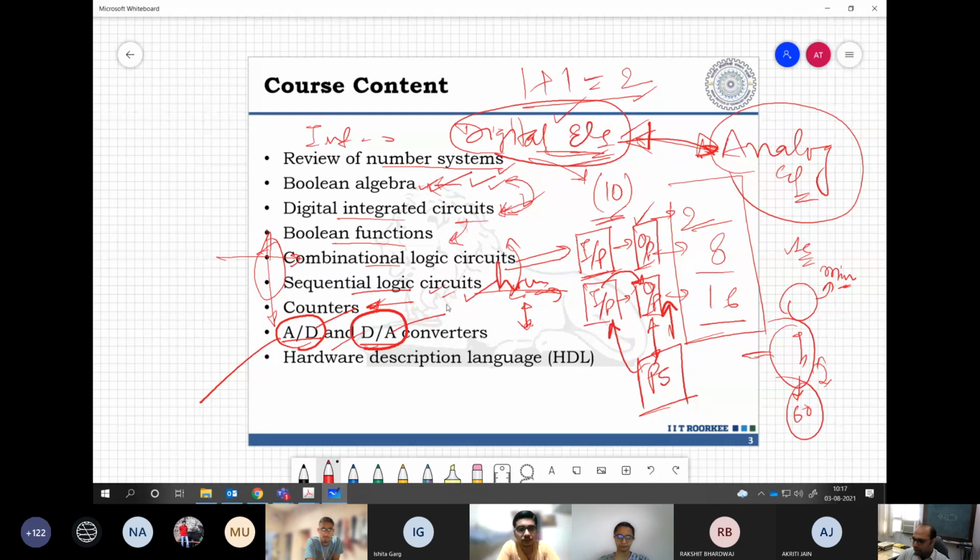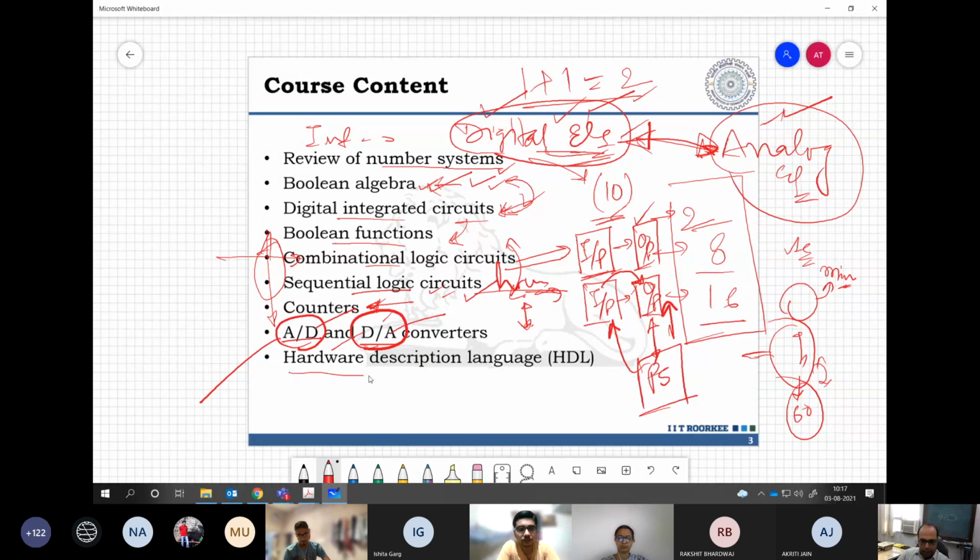This must be giving you a hint that in real world scenarios, when we are dealing with practical systems, we do need both digital electronics as well as analog electronics. Some things are very well defined and very easy to do in analog systems, and some things are very convenient to do in digital. So in real world applications, we definitely need both.